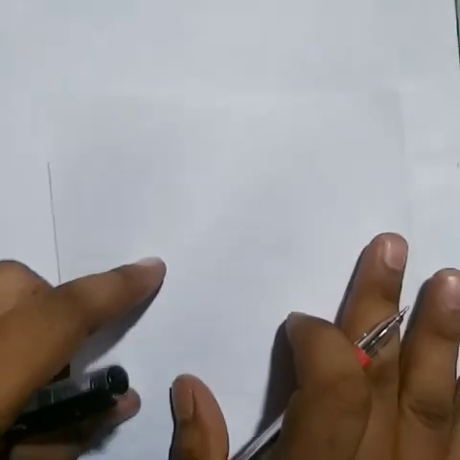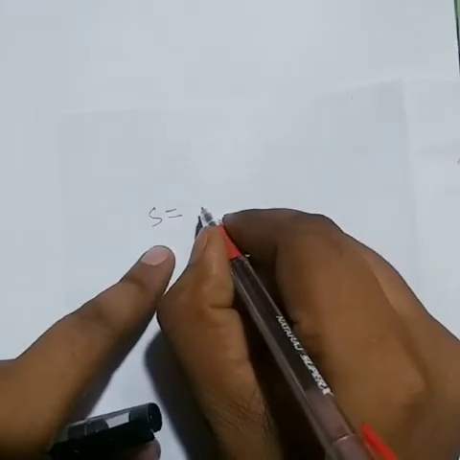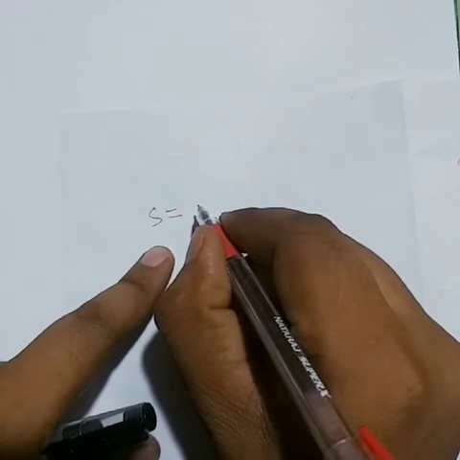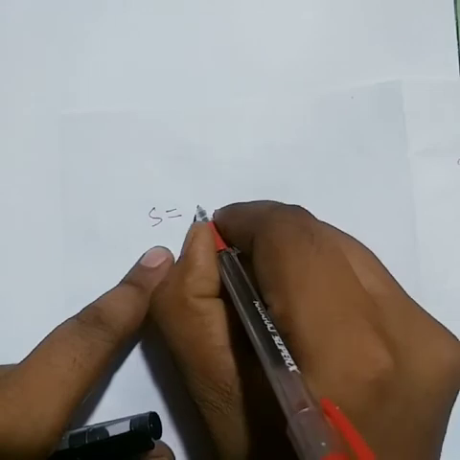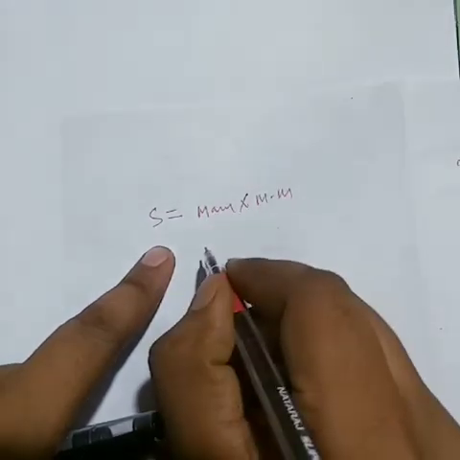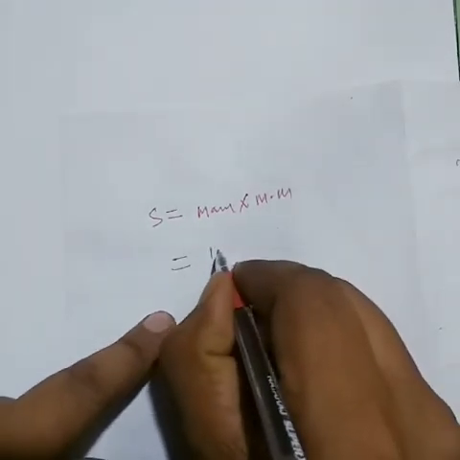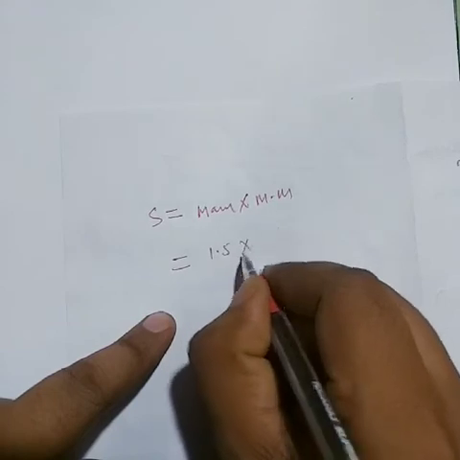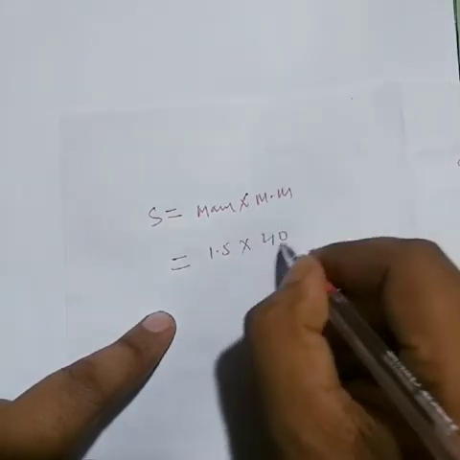And finally I want to tell you about strength, which is equal to density into mass into molar mass. So what is the mass? Mass is 1.5 into what is the molar mass of sodium hydroxide.